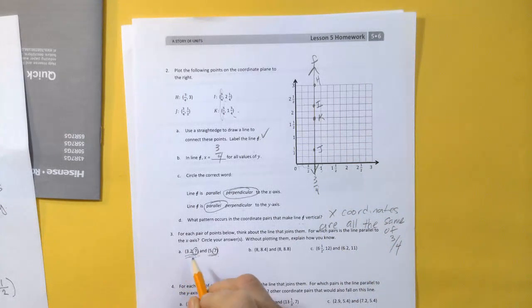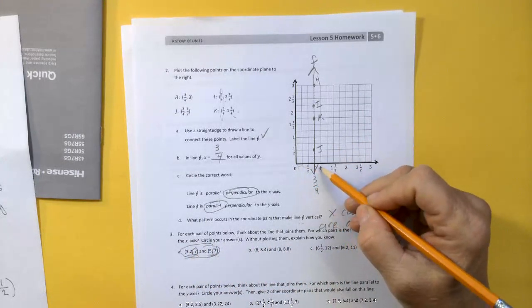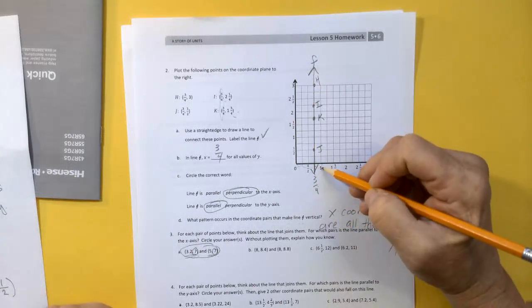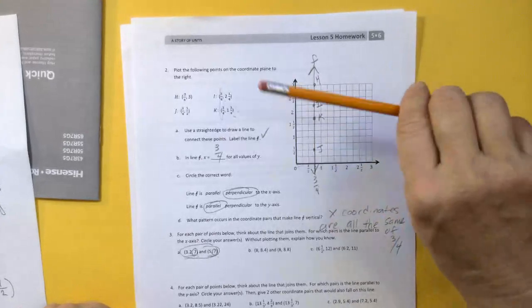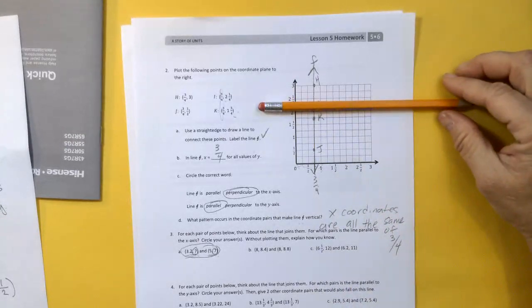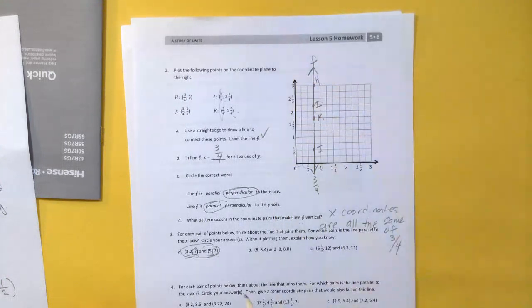All right, that's part A, this one right here, because it says which one is parallel to the x-axis. So we could even try it. We could say 3, and we're just making up the picture, and then 7, and then something, and 7. We know that it would be a certain distance away, always 7 away from the x-axis, right? Because we're going up 7.